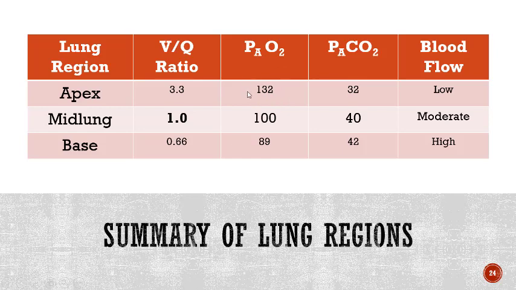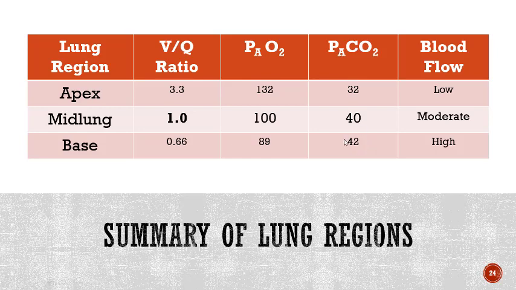Your oxygen in the apex is high because you have ventilation. Your oxygen in the base is going to be lower because you have less ventilation than at your apex, which we talked about. In the bases, right, you are going to have more CO2 in the base than you do in the apex. And the reason why is we have more perfusion in the bases, and the blood flow is what brings the CO2 back to the lungs.